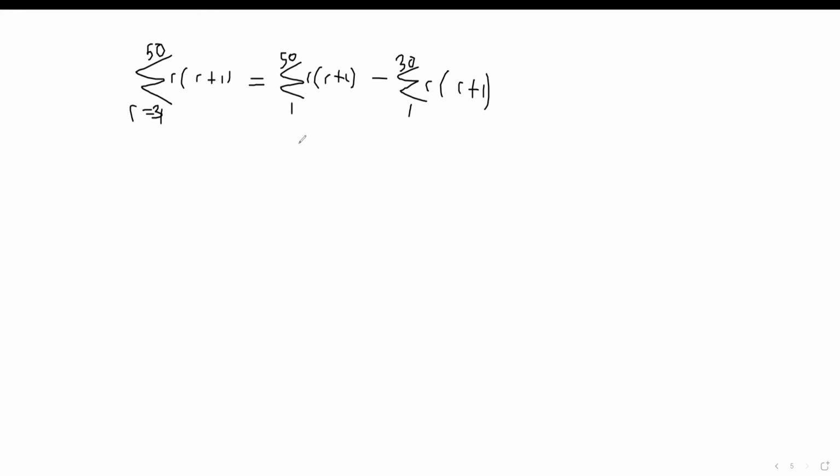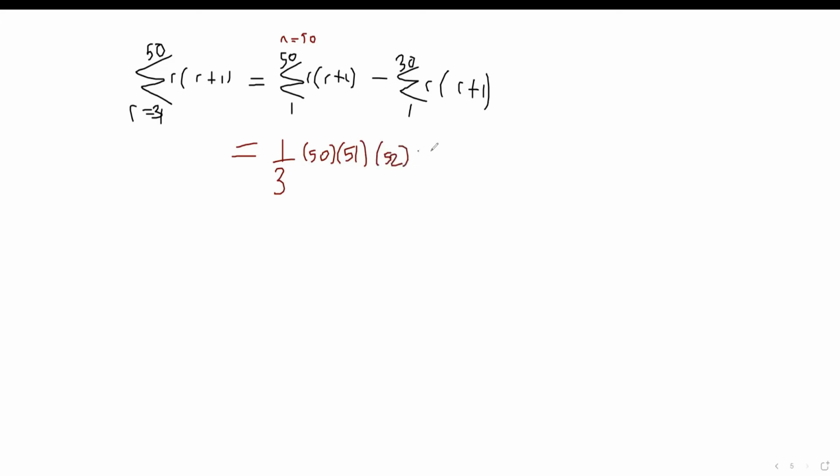So now the sum from 1 to 50 is going to be equal to, remember the formula was 1 over 3n. n is now 50 in this case. So it's 1 over 3 of 50, that's n, times n plus 1, which is 51, times n plus 2, which is 52.